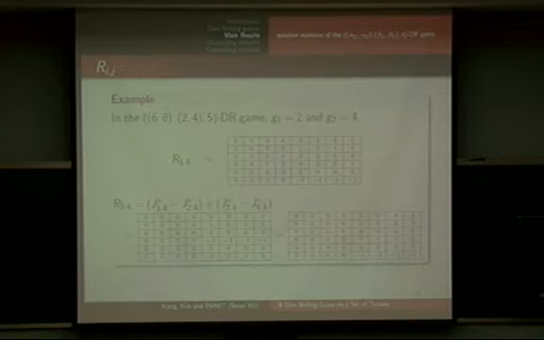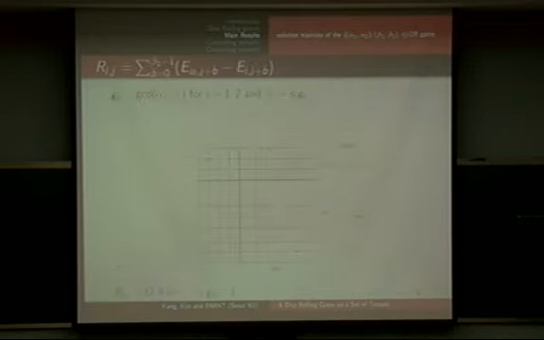Now Rij can be represented by this. This is an example of Rij. R54 is this matrix. R54 has 2 non-zero rows. More precisely, Rij has this formula. It also means if i satisfies this condition, then Rij is the zero matrix. If not, Rij has this form.